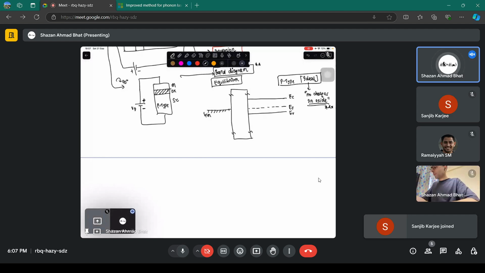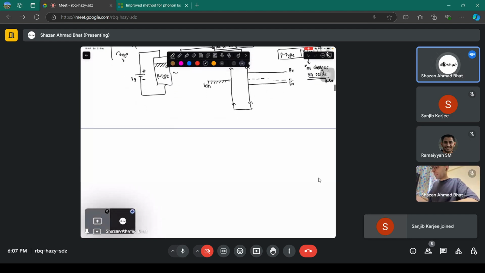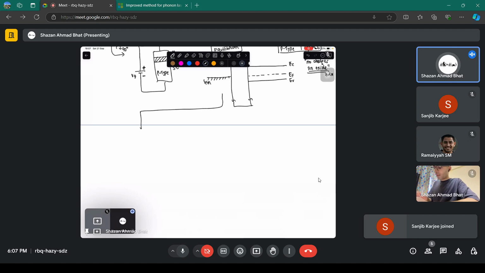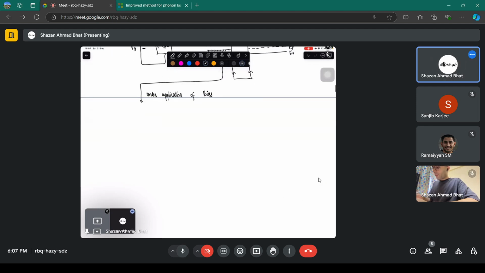Now what is going to happen is that we are going to study this system under application of bias. Now, what kind of bias? We are going to apply a bias like this.